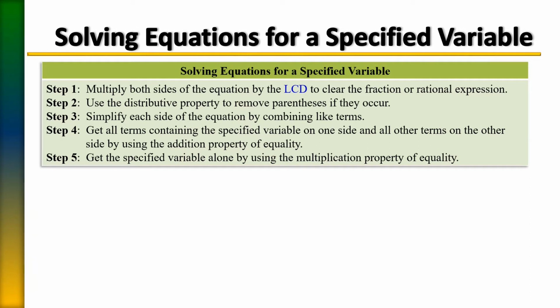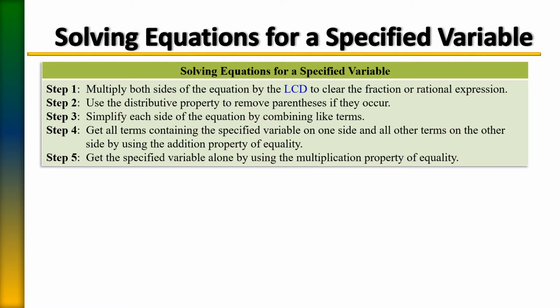Step 1. Multiply both sides of the equation by the LCD to clear the fractions. Step 2. Use the distributive property to remove parentheses if they occur. Step 3. Simplify each side of the equation by combining like terms. Step 4.